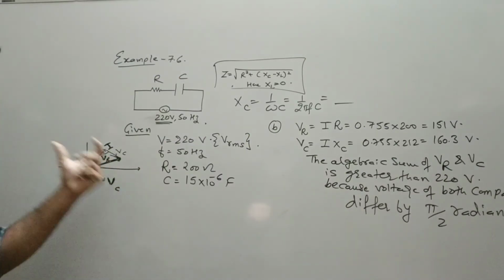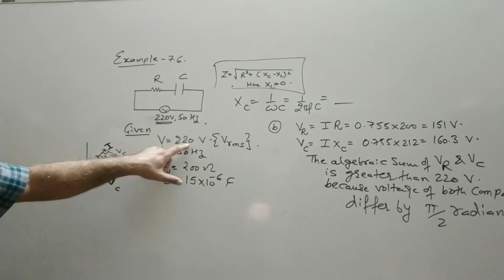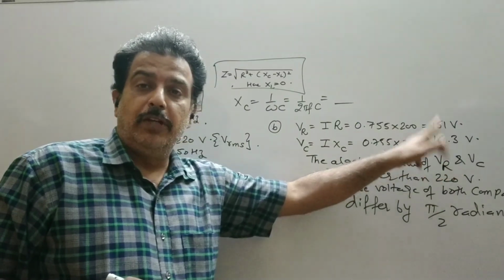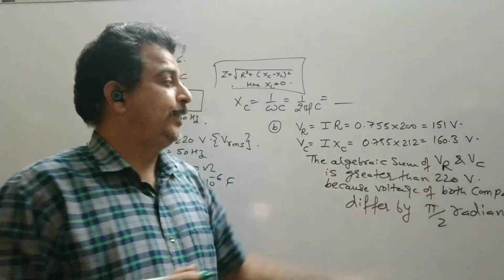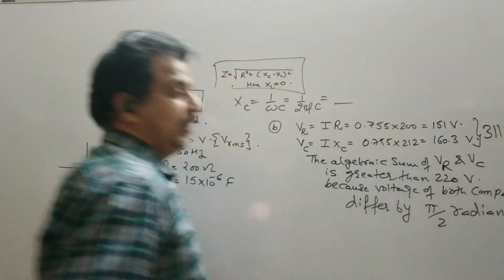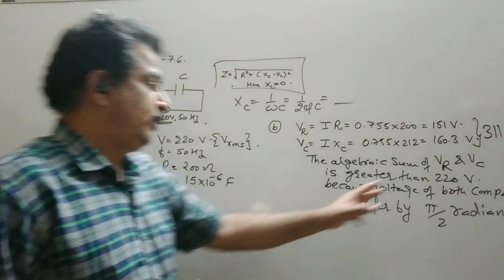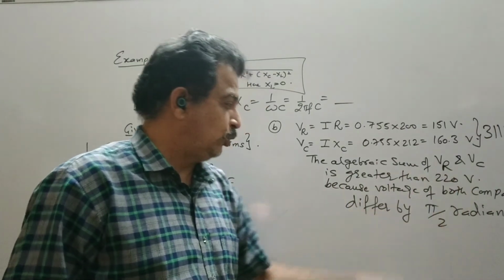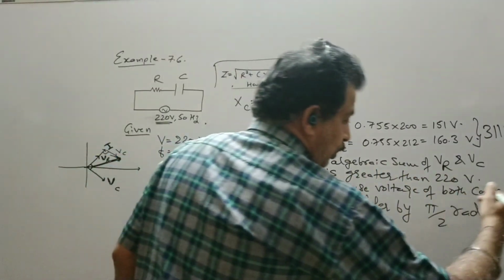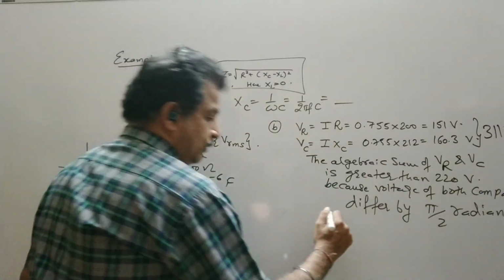apply the Pythagoras theorem. So if we want this 220 answer, the algebraic sum will not give you the 220 answer. Clearly this algebraic sum is 311 volt. So the algebraic sum of VR and VC is greater than 220 volt because voltage of both components differ by pi by 2 radian.